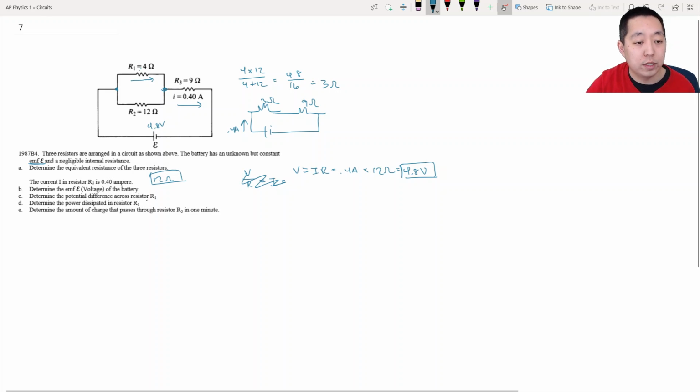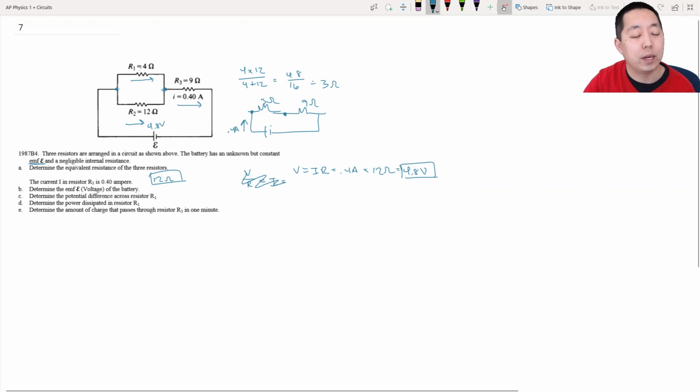Determine the potential difference across resistor R1. When you do this, it's better to treat it like this, where it's already collapsed into the 3 ohms. Then it's very straightforward to calculate the potential difference. Because you know 0.4 amps is going here, but you don't know the exact split of the current between here and here.